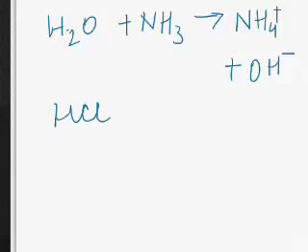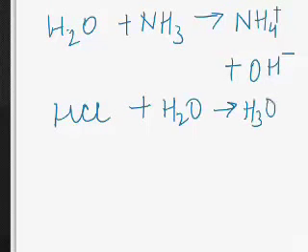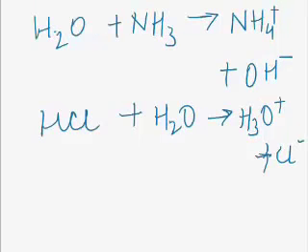HCl reacting with H2O, it will become H3O positive and Cl negative. In the first reaction, NH3 accepts a proton to become NH4 positive. So it is Bronsted Lowry base and H2O is Bronsted Lowry acid.